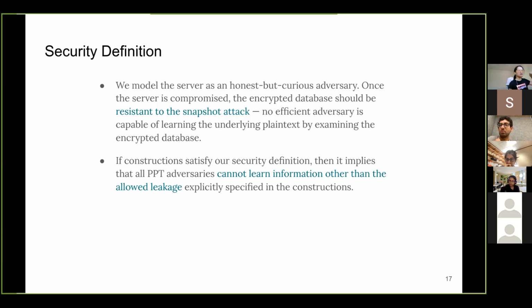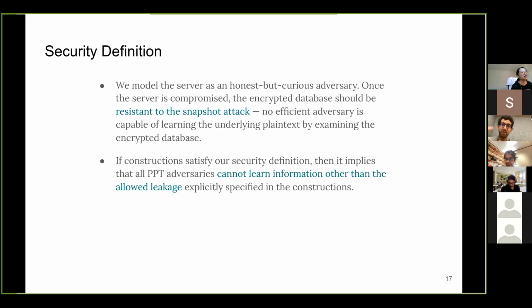Or you are not sure why we have this here, is it? No, I mean, we had this paper a while back when we were defining what we really mean, because you hear a lot of snapshot security everywhere, but it's not always precise what it means. Is it a multi-snapshot? Is it an adversary coming at multiple times? Is it coming just once and taking the view of the encrypted structure?